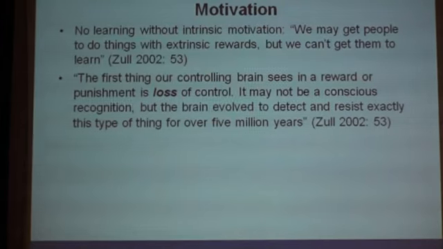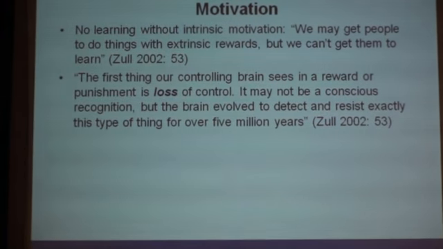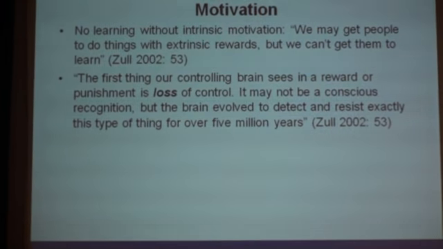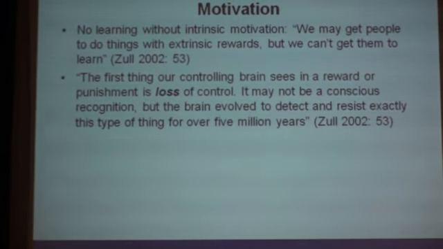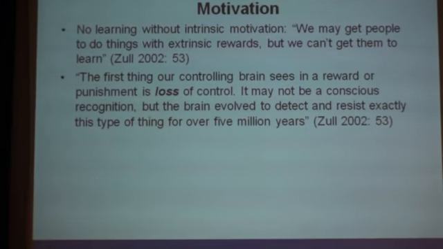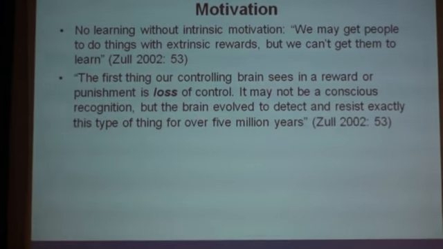The first thing our controlling brain sees in a reward or punishment, he goes on, is loss of control. It may not be a conscious recognition, but the brain evolved to detect and resist exactly this type of thing for over 5 million years.